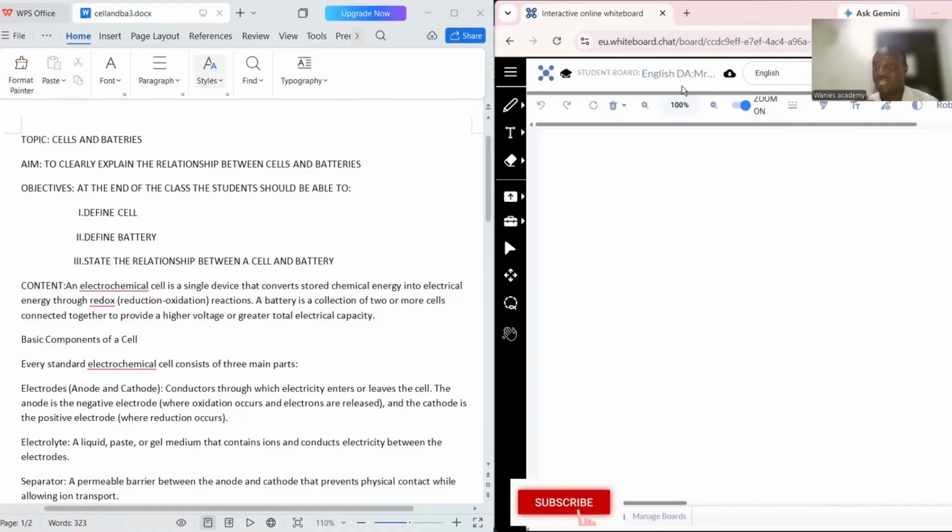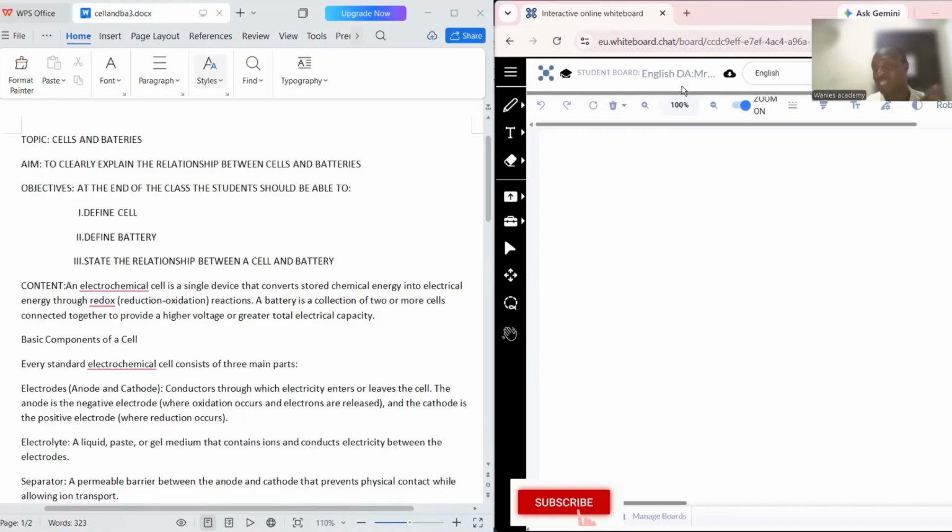All right, so now let's start the class proper. When we say electrochemical cell, what do we actually mean? An electrochemical cell can be defined as a single device, emphasis on single, that converts stored chemical energy into electrical energy through redox reaction.